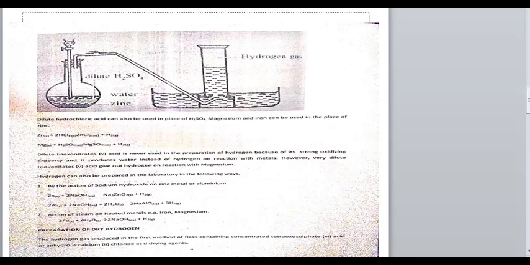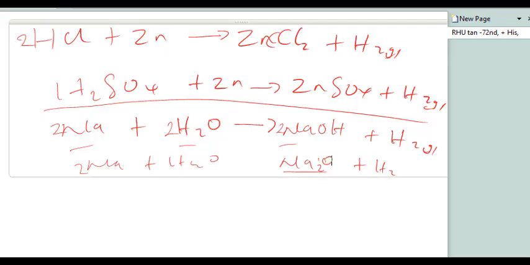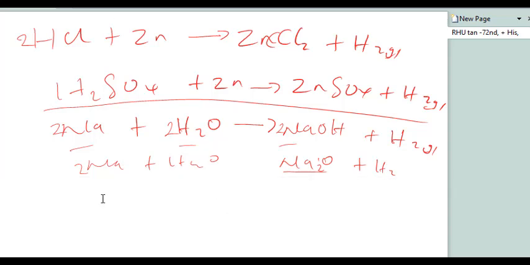When aluminium reacts with steam, it liberates hydrogen gas. But in the case of iron, it must be heated red. When iron is heated red, it will produce hydrogen gas.